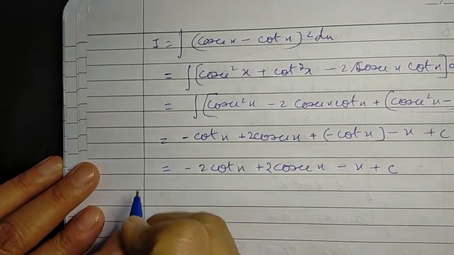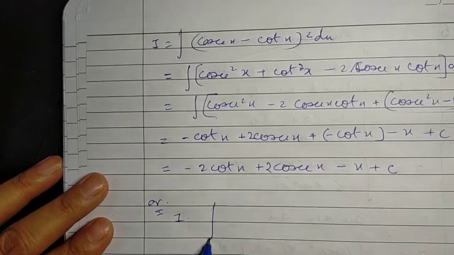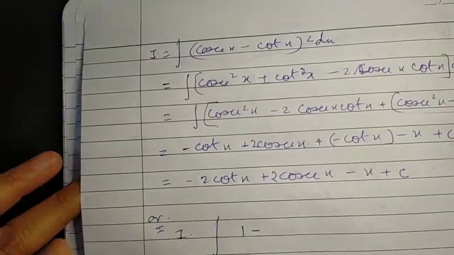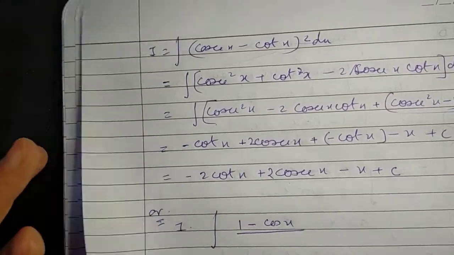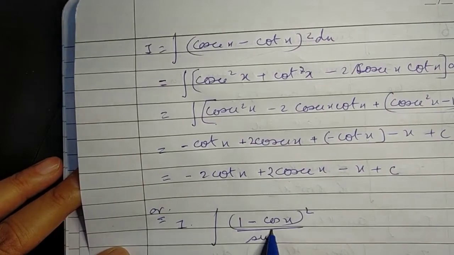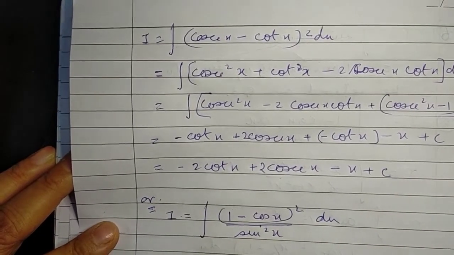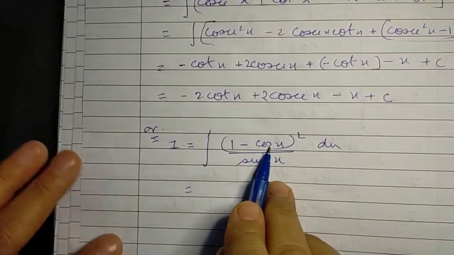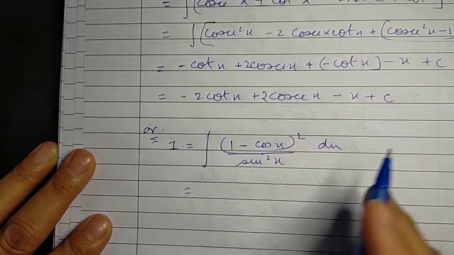Now, as I was saying, there is another way of doing it. At that stage, you have 1 minus cos x whole square upon sine squared x. Instead of taking the sine inside, we first evaluate this square.